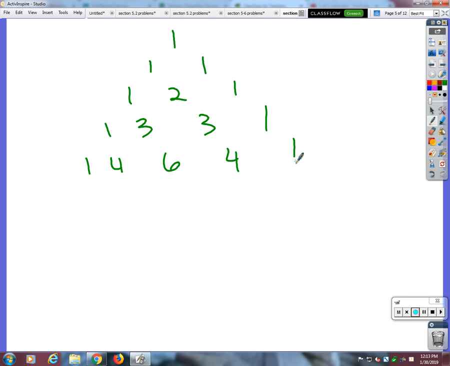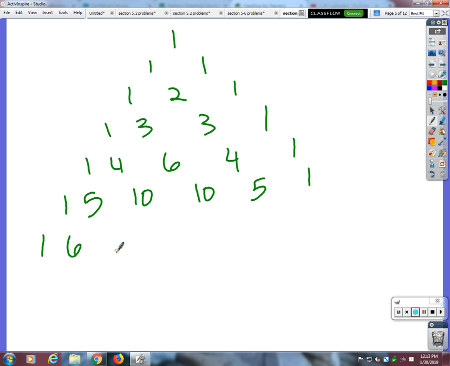What comes next? 1, 5. Nope. McKenna. 10. Then what? 10, 5, and then 1. Okay, someone whose name does not start with an S, what comes next? Well, I need a 1, right?